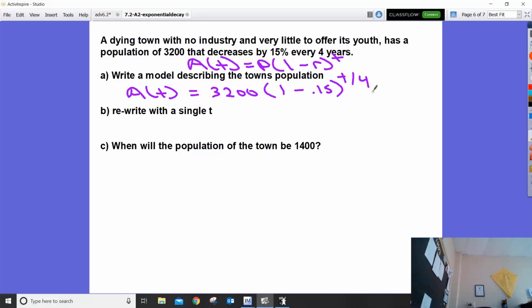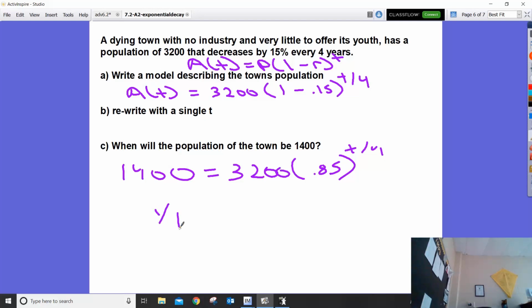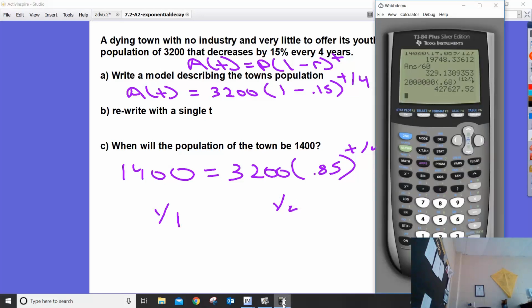We are going to have to graph this thing. It'll be a couple of days before I show you how to do this by hand. There is a way to do this stuff by hand. Where's 1,400 go? Y1, and the model goes in Y2.